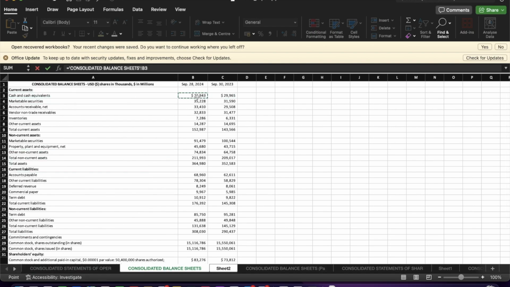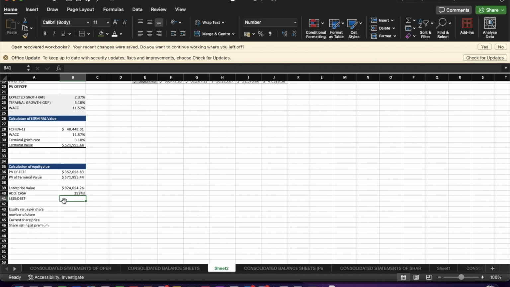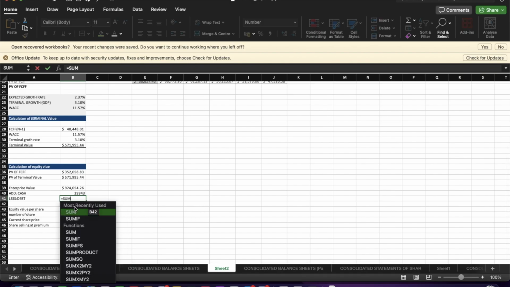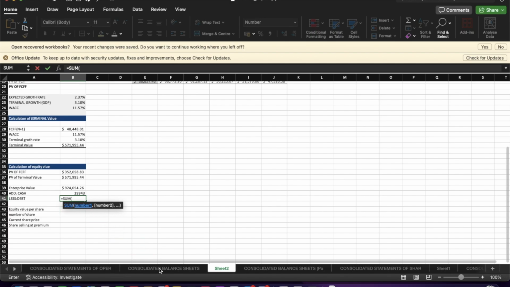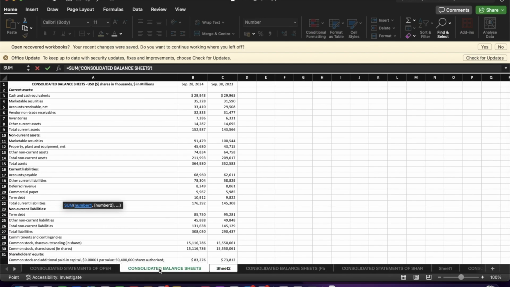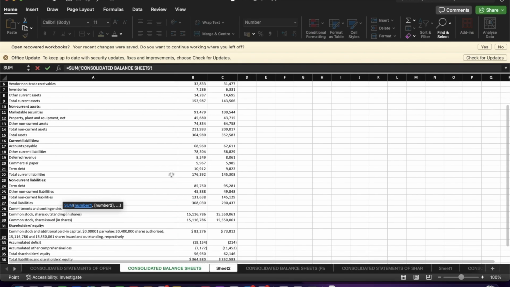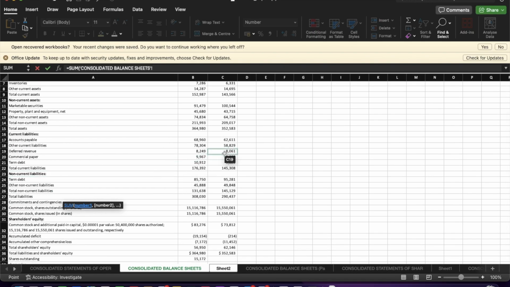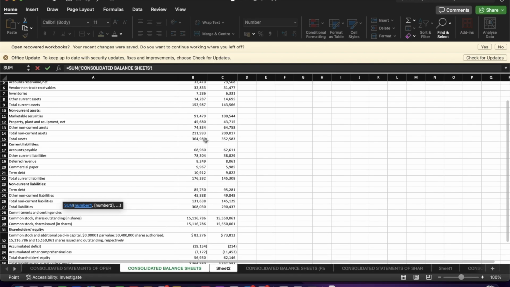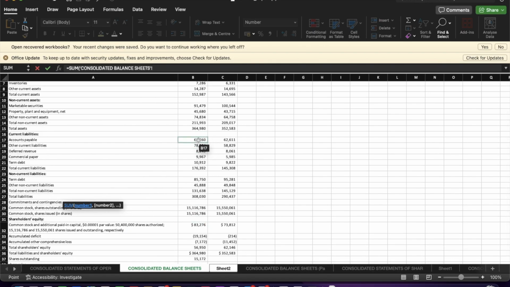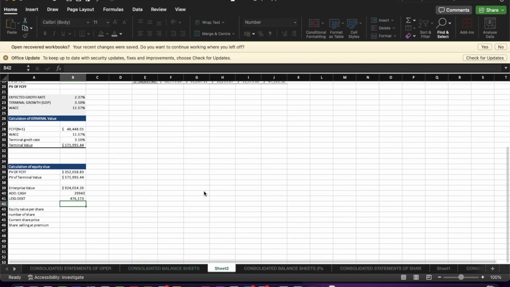So simply add the cash or cash equivalent, which is 29943 for the year 2024, and we have to just get rid of the debt, less the debt from the enterprise value to get our actual equity value. So it would be the short term and the long term debt of the company. So these are the short term, and the long term would be this.